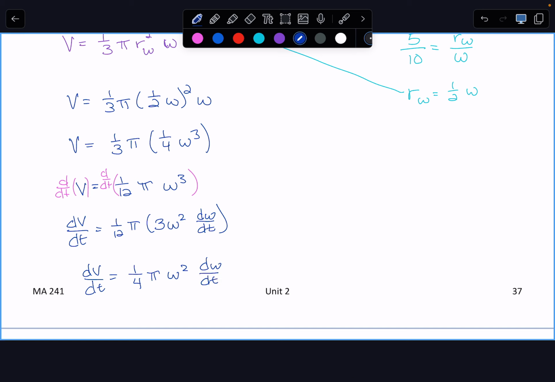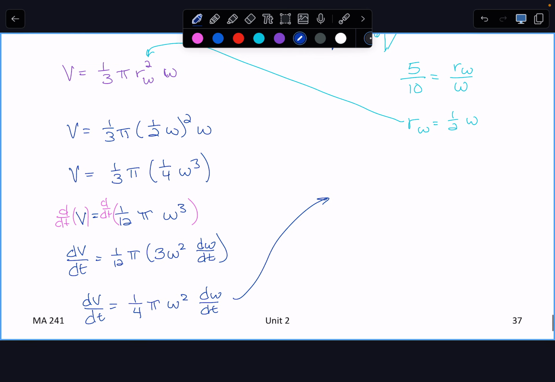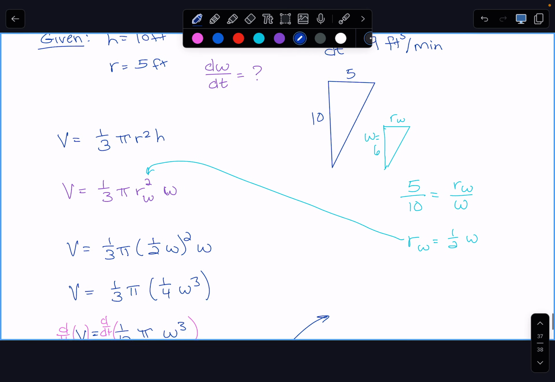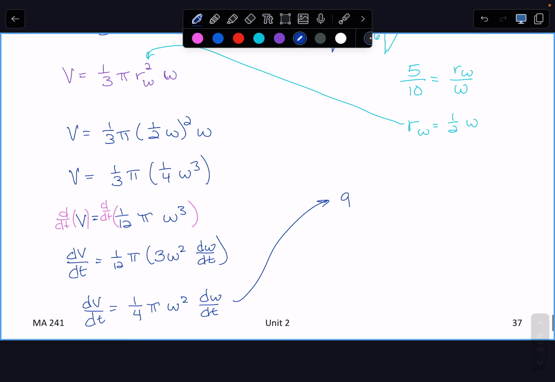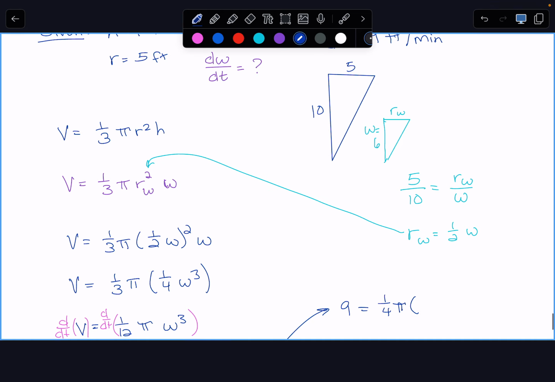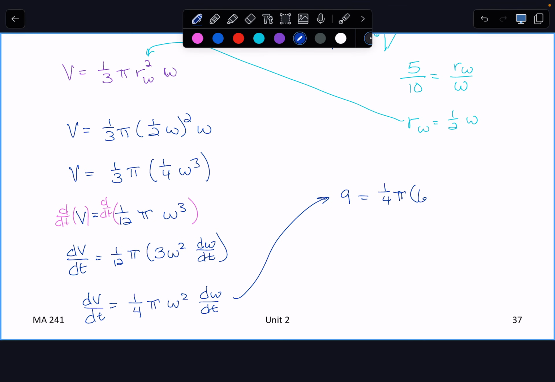If I start subbing numbers in now, my dV/dt, if we look up above, was 9. So I'm going to say 9 is equal to 1/4 pi times my w was 6, so I'm going to have 6 squared dw/dt. Amazingly, that right-hand side, that's a really ugly 9.